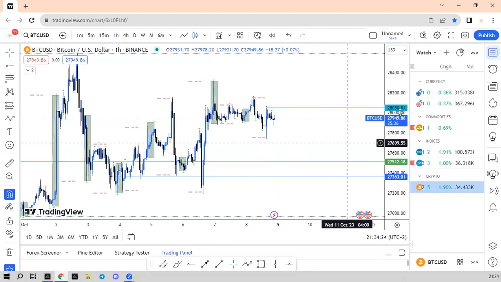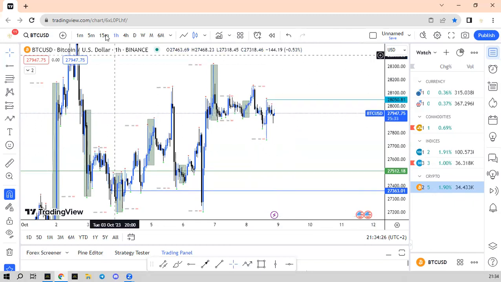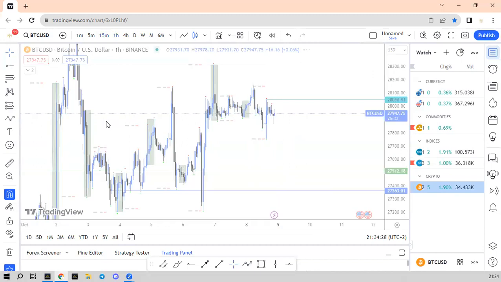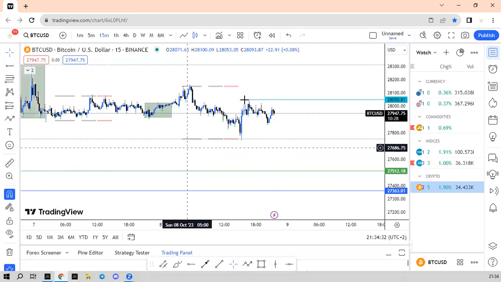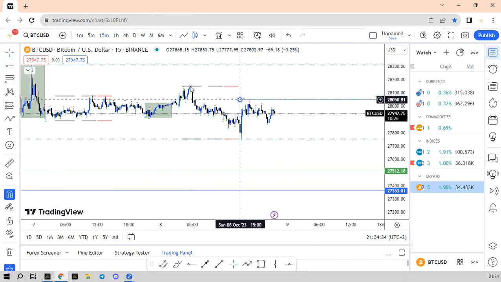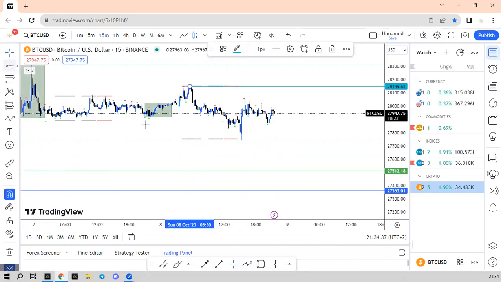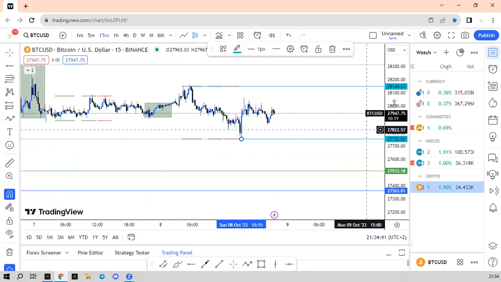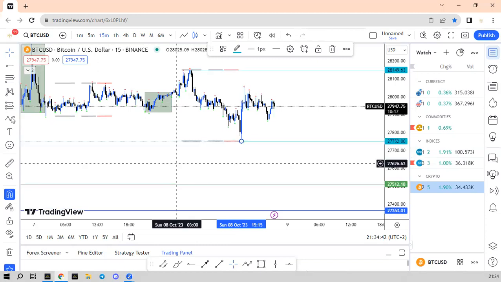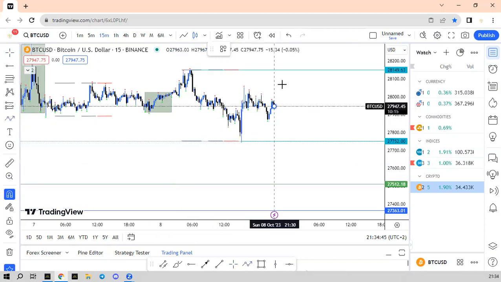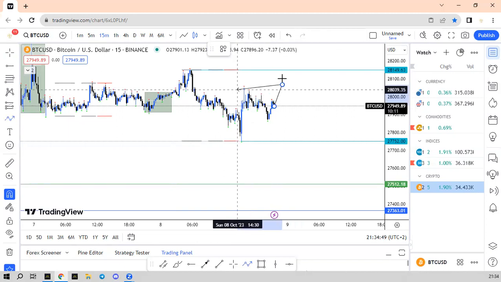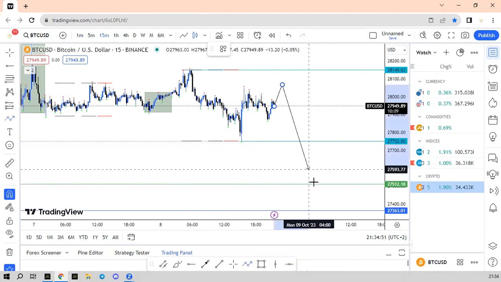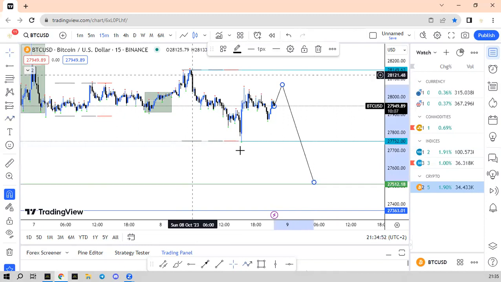On the smaller time frame, 15 minutes, I have a range now. What's my range on 15 minutes? My range is from this high to this low. On 15 minutes, I can wait for this liquidity to be taken out, and look for a sell based on this range.